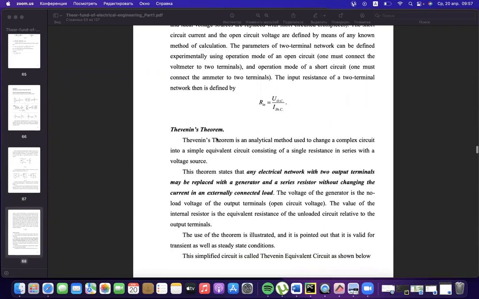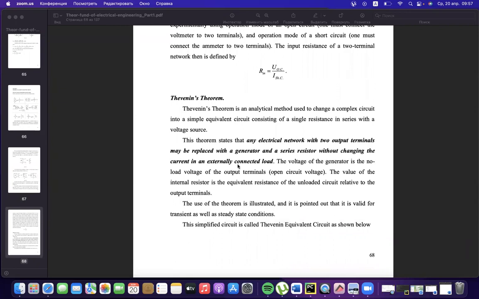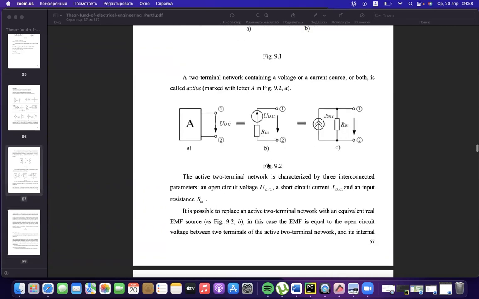But they are equivalent to each other. The theorem tells us that any electrical network with two output terminals, two points, may be replaced with a generator, meaning the simplest circuit with a voltage source and a series resistor, without changing the current in an externally connected load.